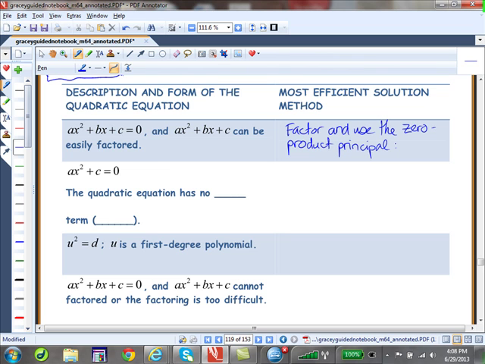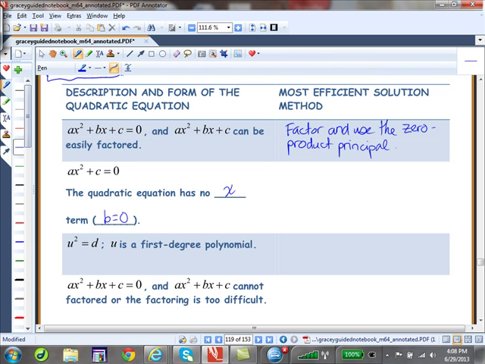Okay, if we have something like, if we have no middle term, right? We have an x squared term and a constant. That means that there's no x to the one term, right? Which means that b equals 0.